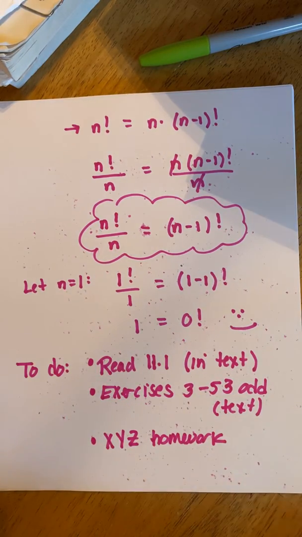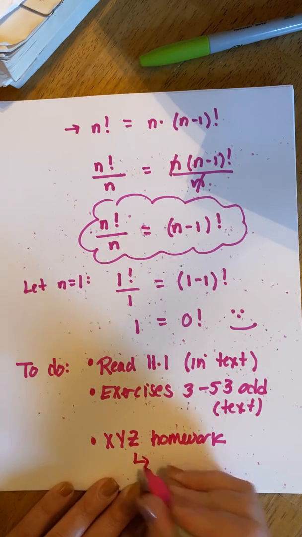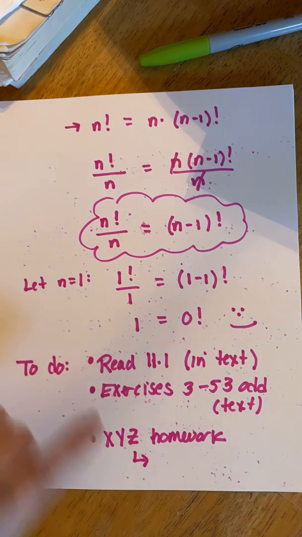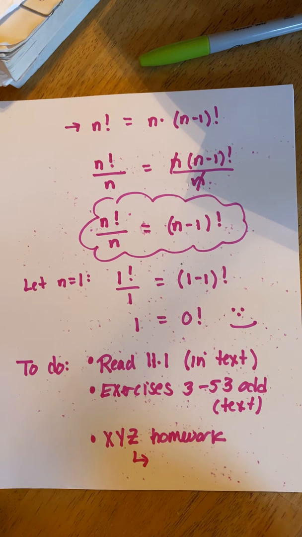Oh, shoot, let me look up quickly the corresponding section for this. Let's see if I can get to it quickly. I don't think I have it up. See Blackboard, I think it's 5.1. I'll look quickly for you if you want to wait. If I can get in, Blackboard's up and running nicely. Looks like it is. So if you look in your announcements, 11.1 is not a section that's offered in XYZ. It's a different section number. So it's going to be your job to look at that corresponding sequence.